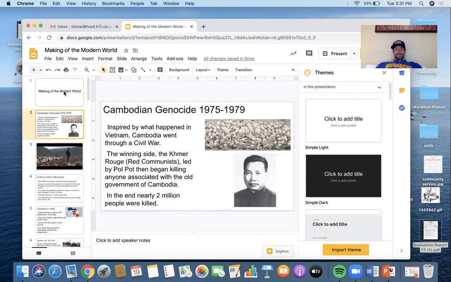Before we even begin, the reason we start with genocides is because a common theme throughout history is that oftentimes the most historic events that we study, and the ones that have the most consequences, deal with violence. If we look, what has our past semester been? The Cold War, World War II, World War I, right?